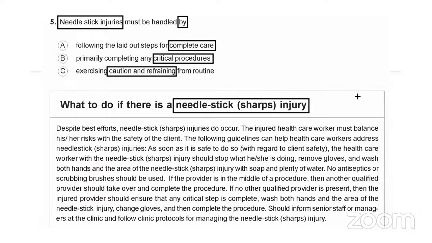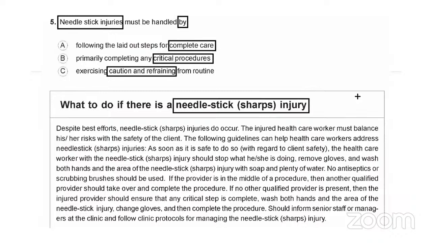Step by step, he's telling everything. Any needle stick injury, you have to follow all these procedures in a step by step manner.